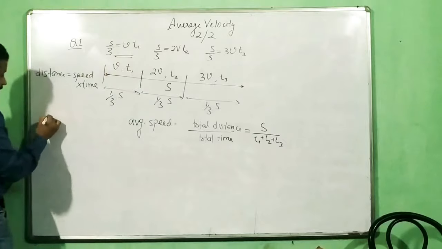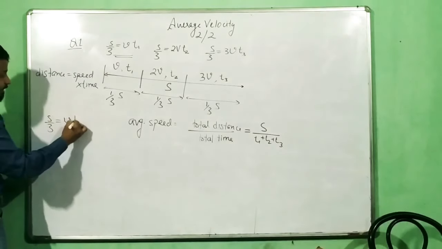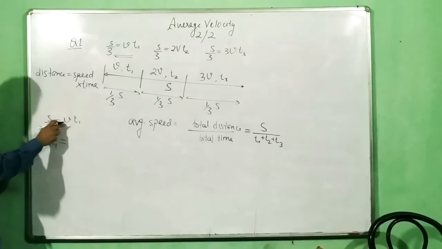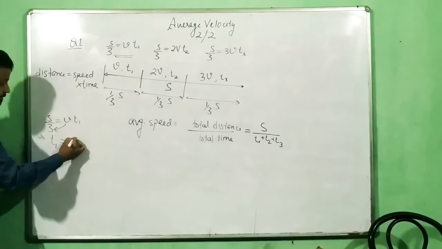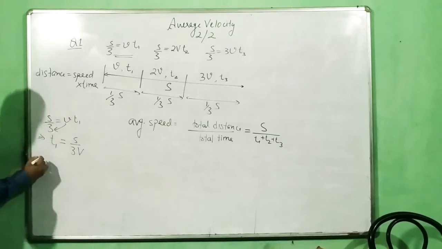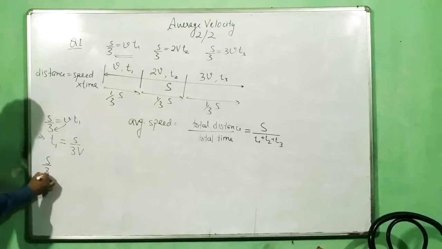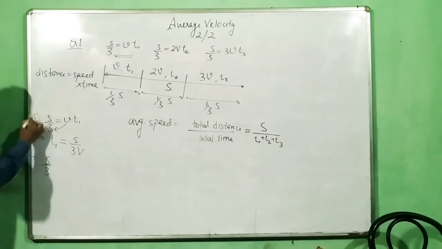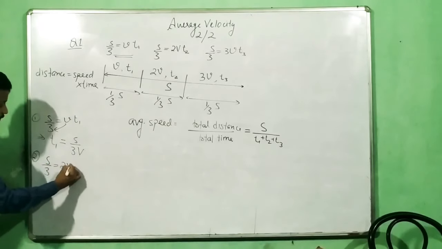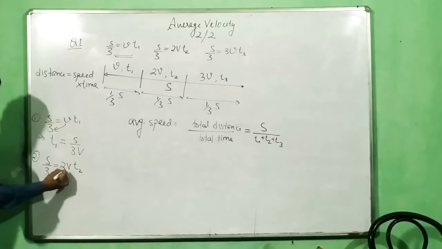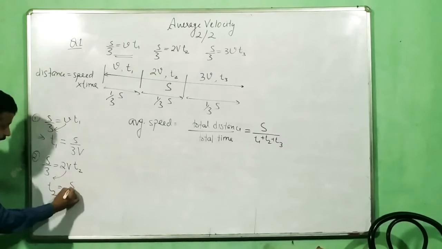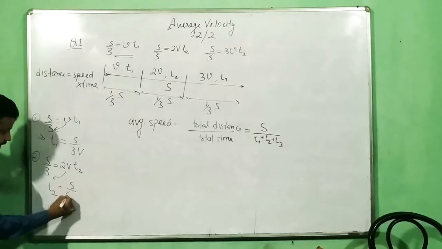From s by 3 equals v times t1, t1 will be equal to s by 3v. Similarly, the second term: s by 3 equals 2v times t2. Taking the 2v across, t2 equals s by, 2 threes are 6, so 6v.